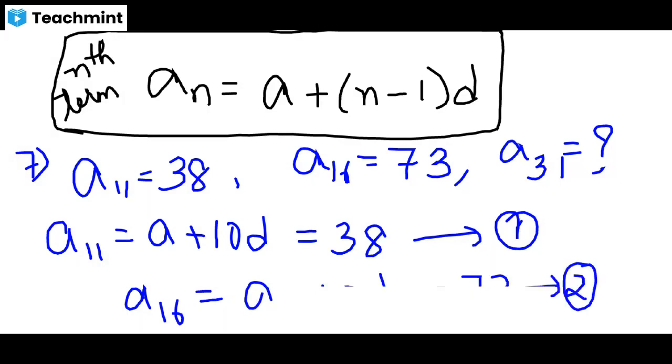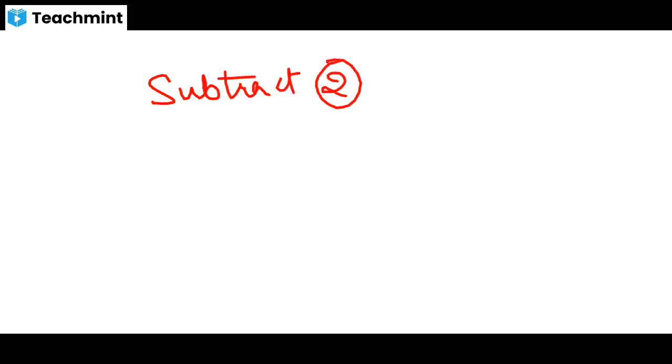Now if you observe these two equations, here we have a and here also we have a. So what we can do is subtract equation 1 from equation 2.